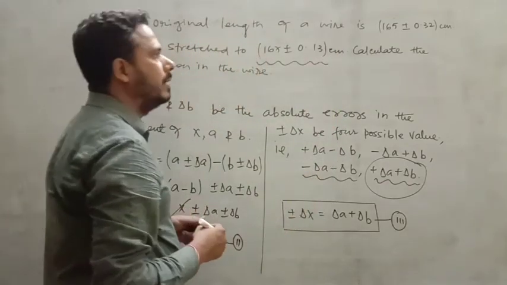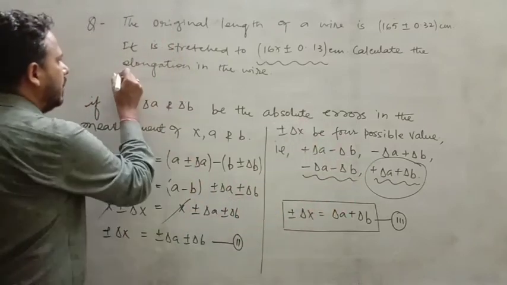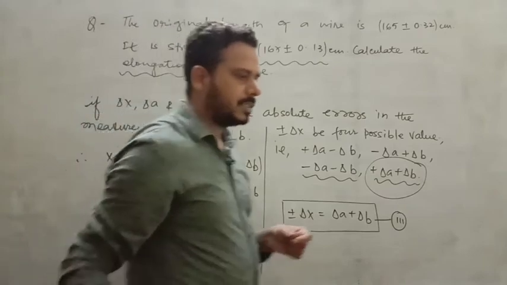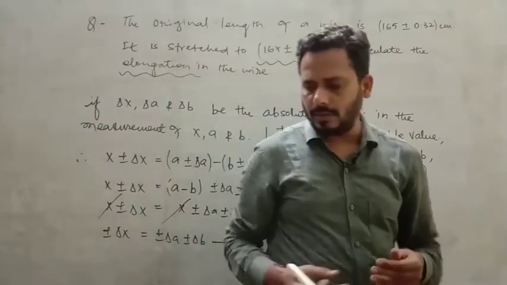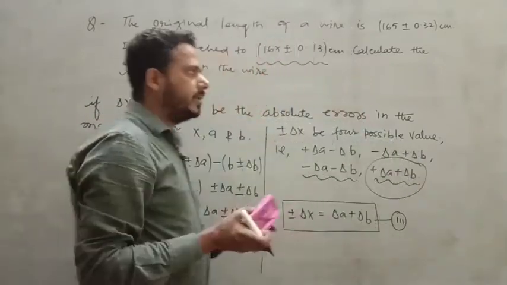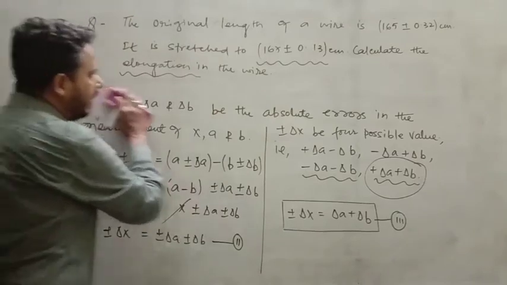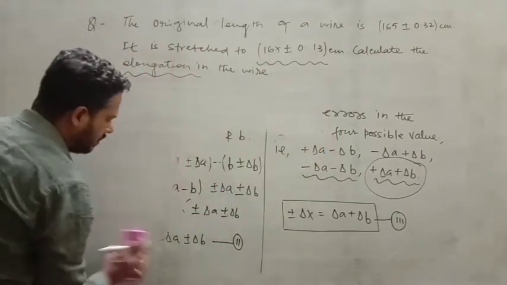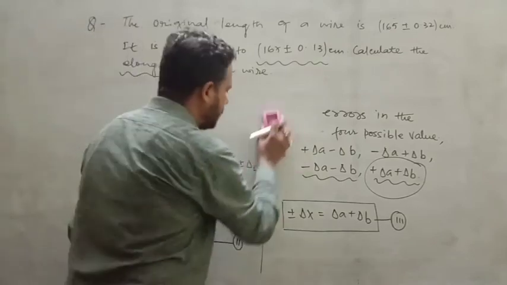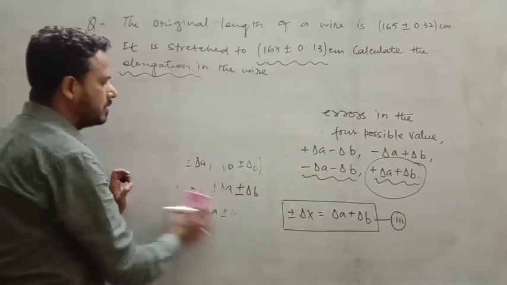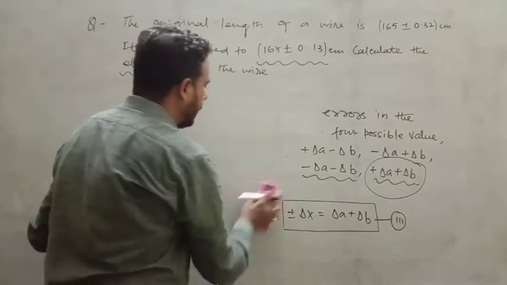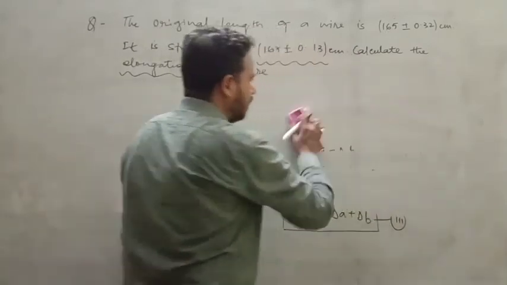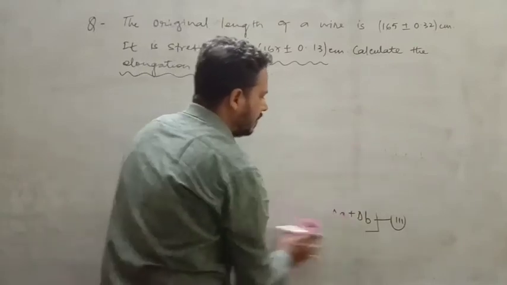You have to find the elongation in the wire. Elongation means to what length your original wire is stretched. So you just take the difference of both measurements, and you will get the elongation in the wire.